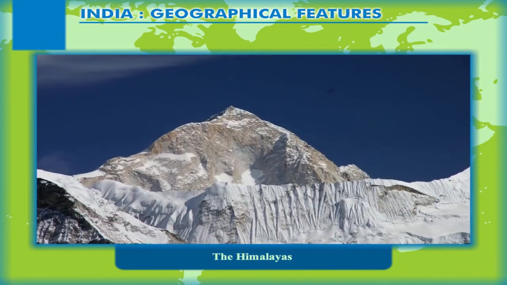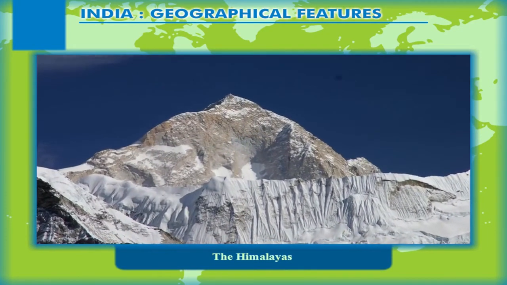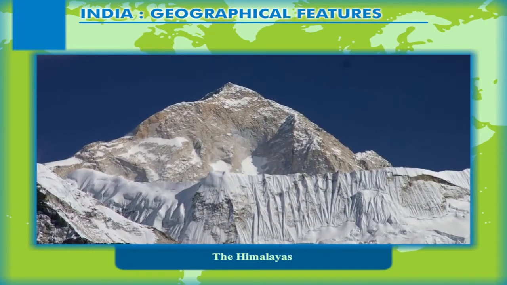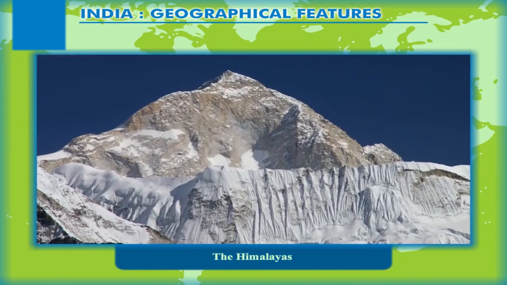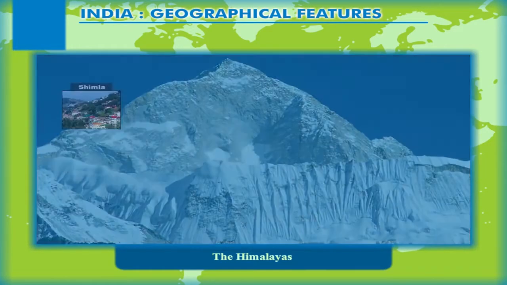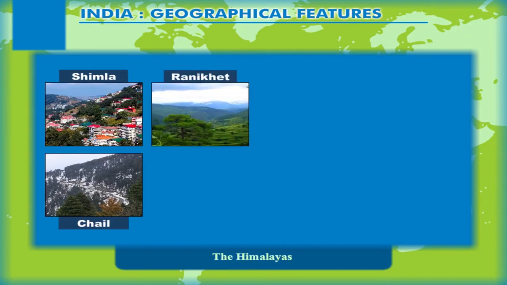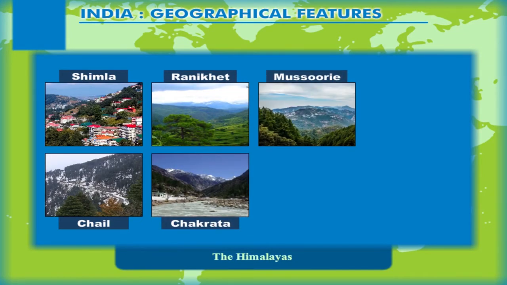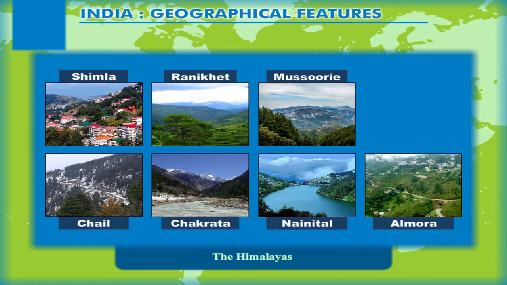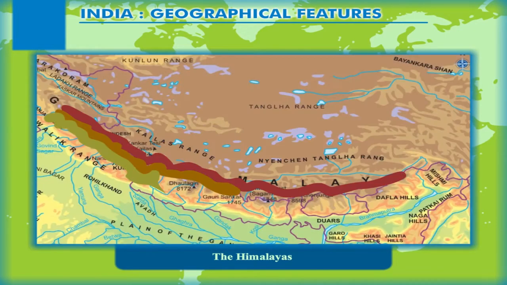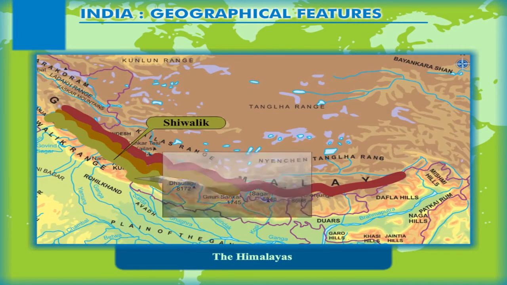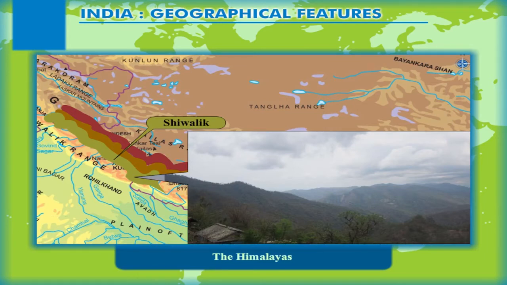This range also has some snow-capped peaks. The Middle Himalayas are a great tourist attraction with several hill stations like Shimla, Chail, Ranikhet, Chakrata, Mussoorie, Nainital, Almora, and Darjeeling. The southern slopes are bare and rugged, whereas the northern slopes have thick vegetational growth.